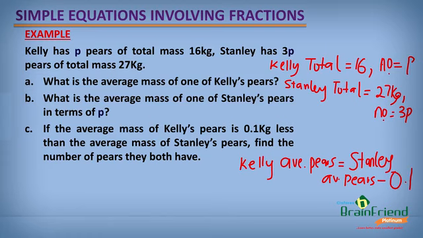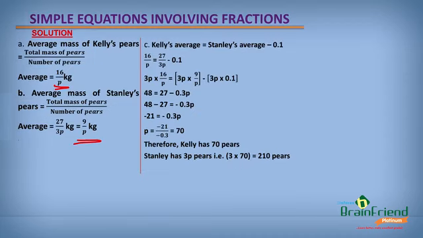So this is what question C is saying in mathematical form. Kelly's average is equal to Stanley's average minus 0.1.